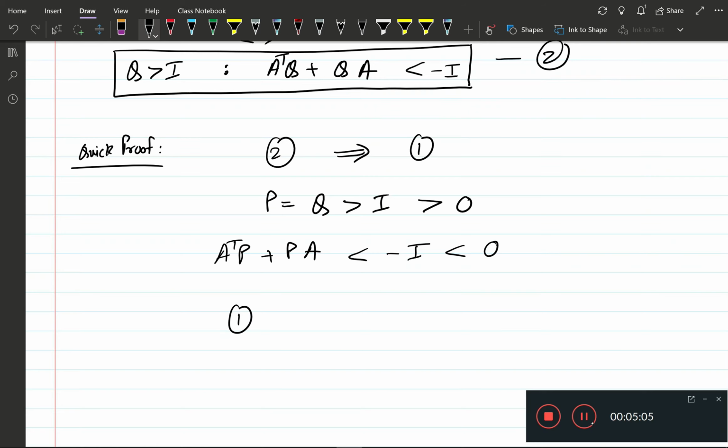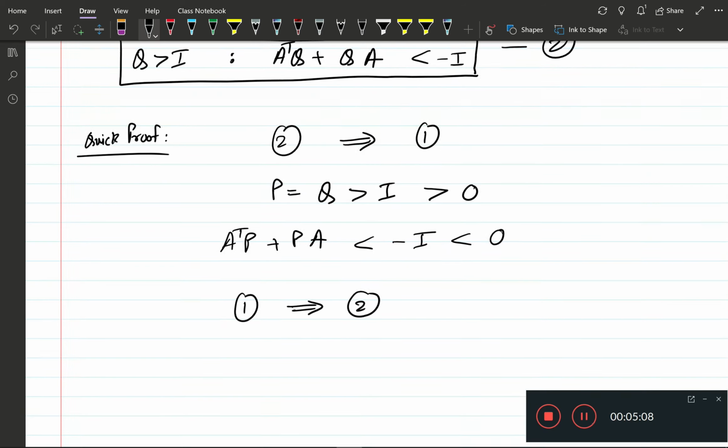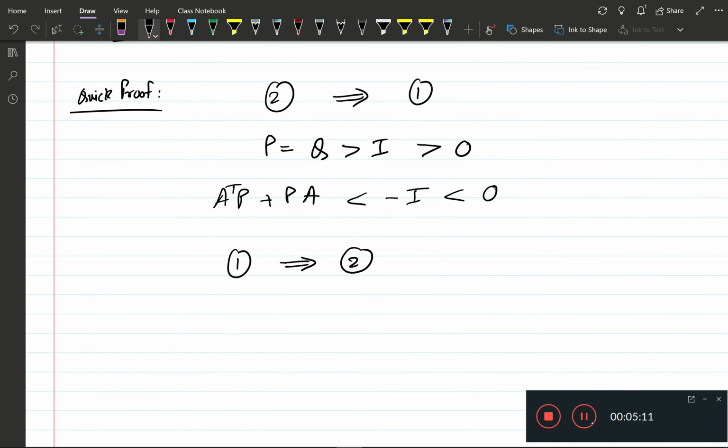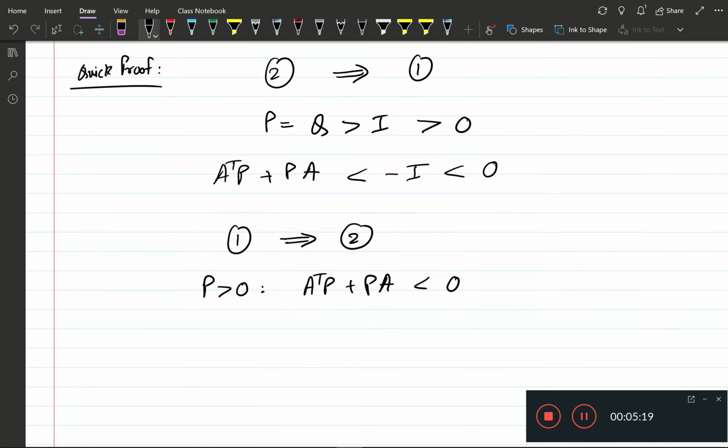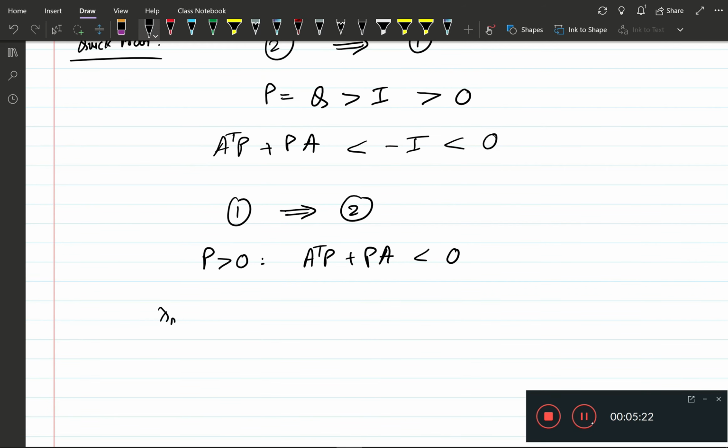Now in order to show that 1 implies 2, observe that if P positive definite exists such that A^T P plus PA is negative definite, then the minimum eigenvalue of P is positive, and the maximum eigenvalue lambda max of A^T P plus PA would be negative.